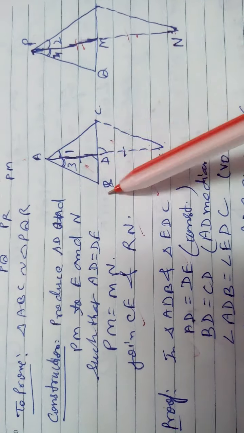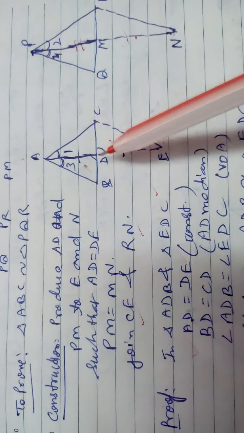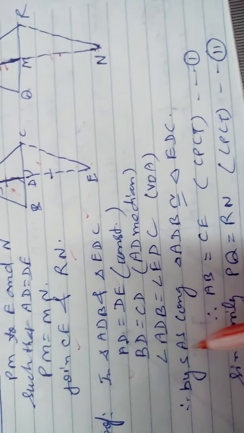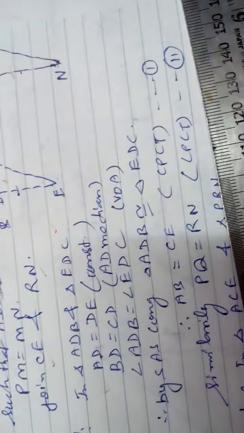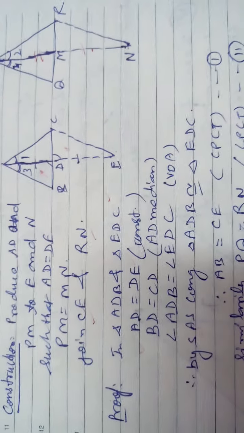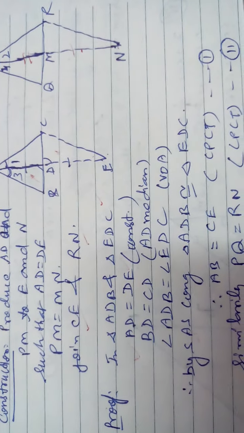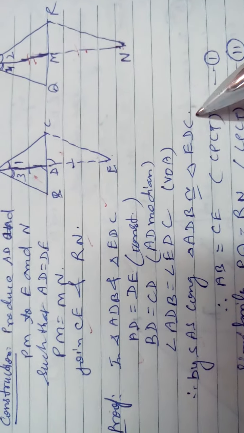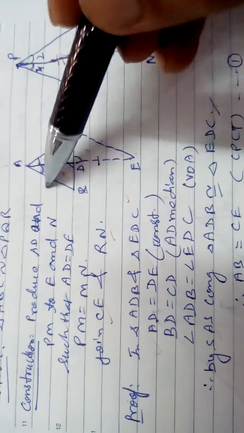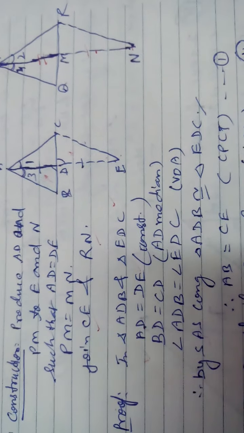So triangle ABD is congruent to triangle ECD by SAS congruency. If it is congruent, then what are you getting? This side is equal to this side. AB is equal to CE.